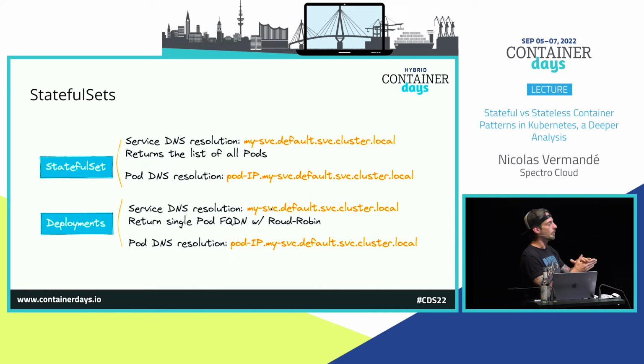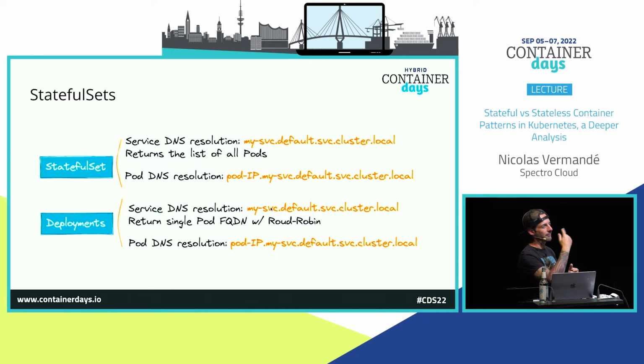As opposed to a deployment, if you query a service that has a deployment, it's just a DNS round robin. You will have one IP returned. With the StatefulSet, you do a DNS query on the service, no cluster IP, and it will return a list. So it's up to the application to select one IP from the list.